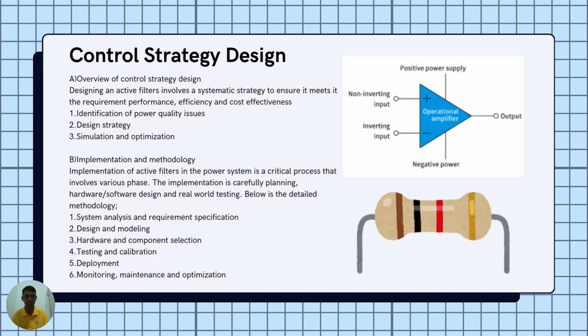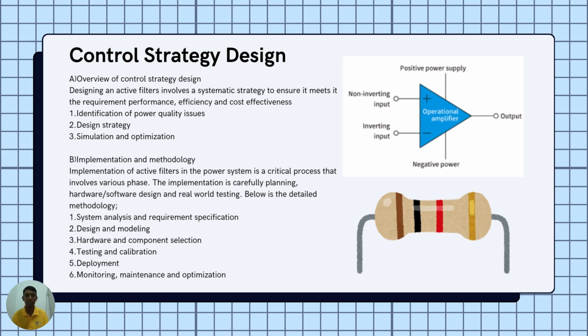Third and lastly is to simulate and optimize. Basically, after we have done all the things that I have said, we simulate our circuit and try to optimize the circuit if there are any problems. So that is for our overview and control strategy design.